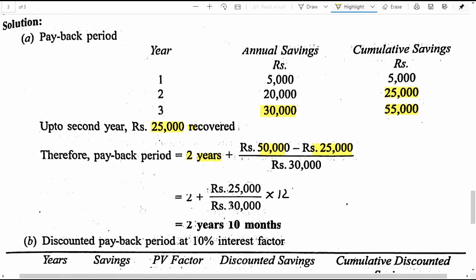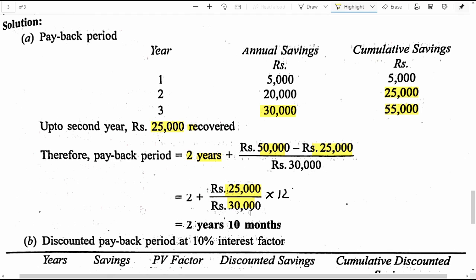To earn 30,000 rupees in the third year, the concern has to wait for the full year of 12 months. Therefore, to recover the balance 25,000 to get back our entire investment, how many months do we need to wait in the third year to recover this 25,000? That's the question.